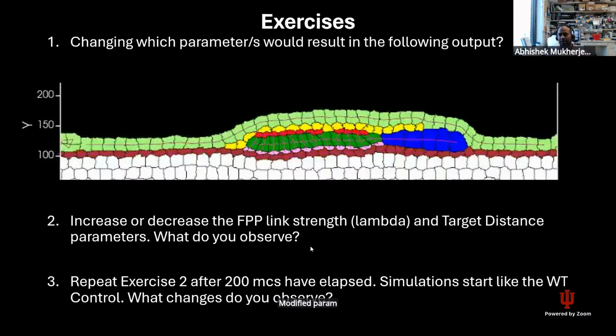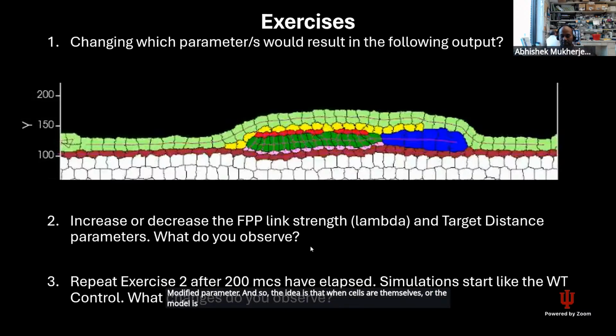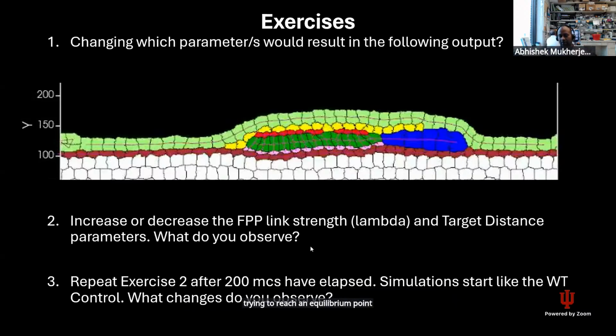The idea is that when the model is trying to reach an equilibrium point, imposing these constraints will have different effects versus when they have already reached an equilibrium.